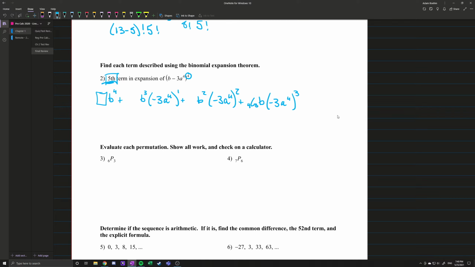So it's the fourth expansion. This tells you the number of the expansion. We want the fifth term, but we're starting at term 0. We always have a negative 3a to the fourth to the 0. Technically this is our first term, but we're starting at 0.